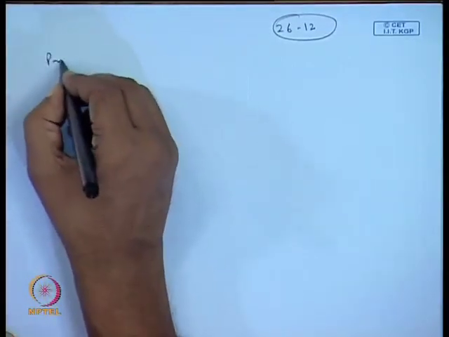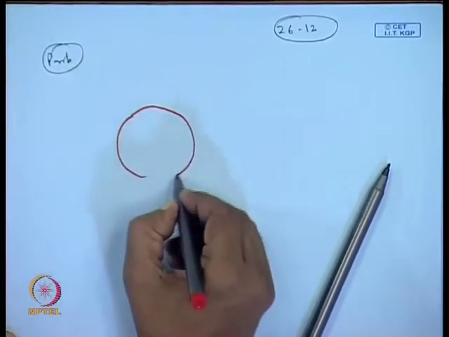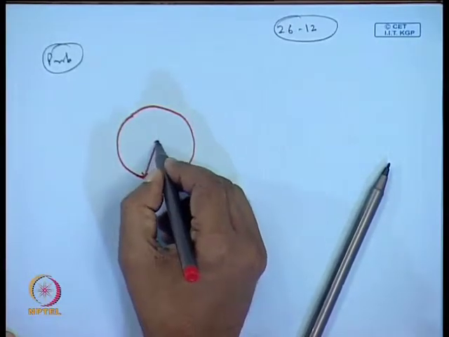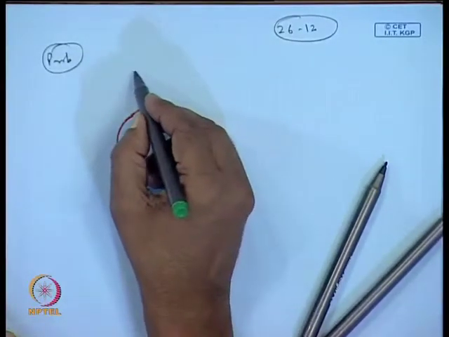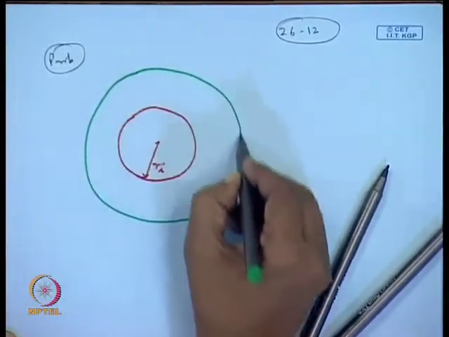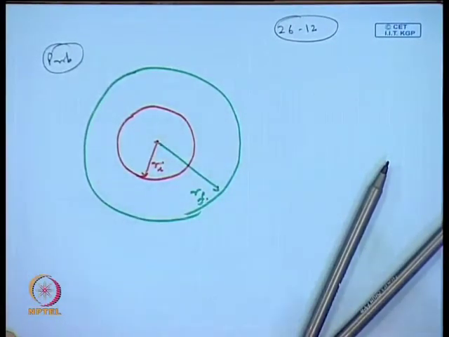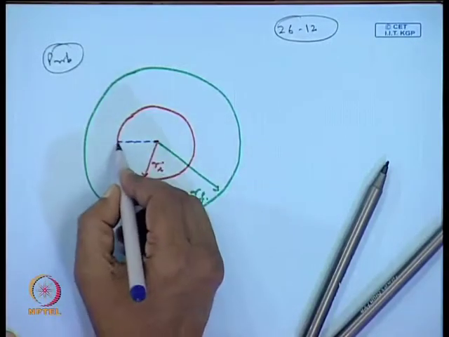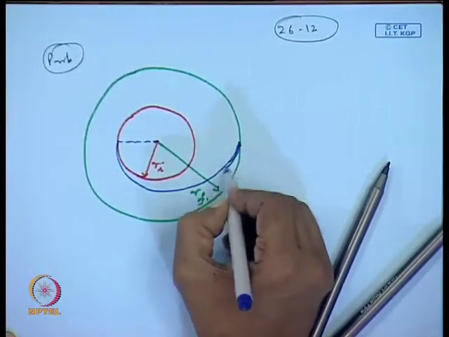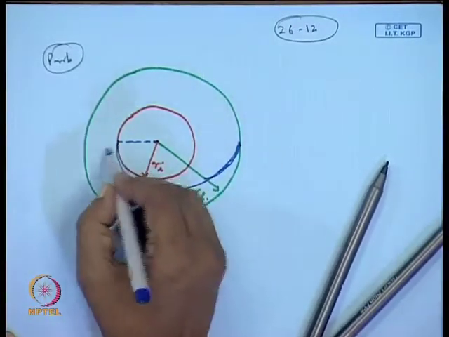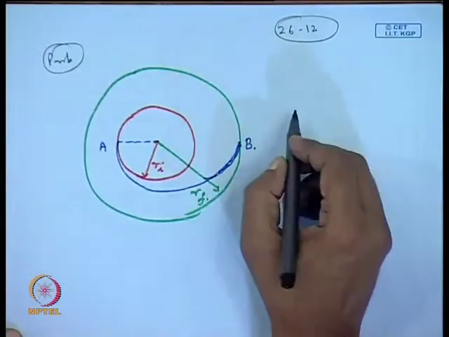In this problem we are given an initial orbit whose radius is r I, and the satellite is to be transferred from the initial to the final orbit, whose radius is r f, using Hohmann transfer. This is point A and this is point B. Now, all the information is not given.